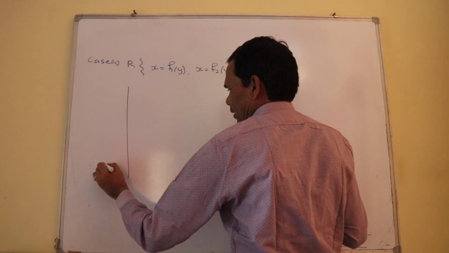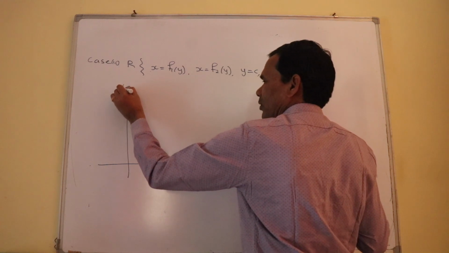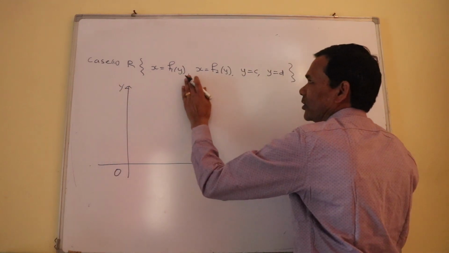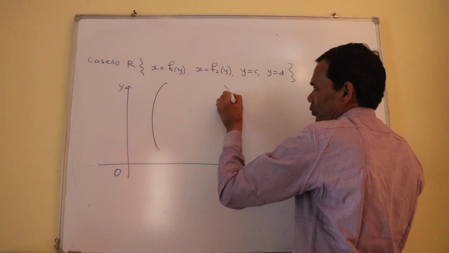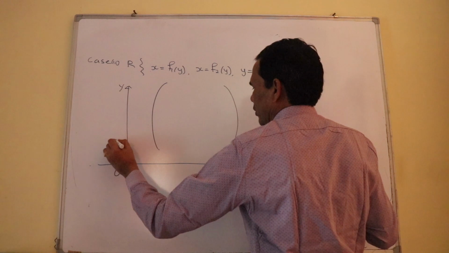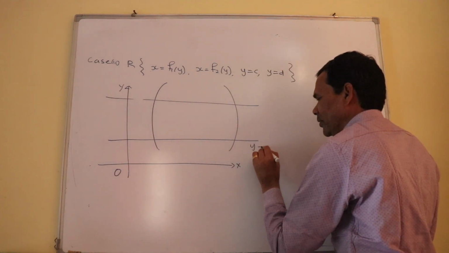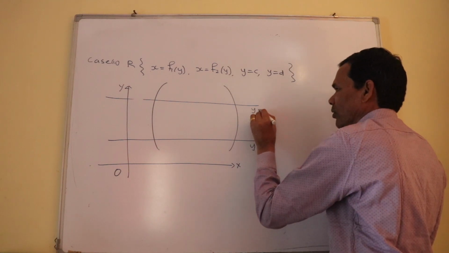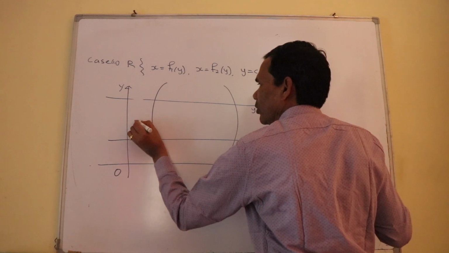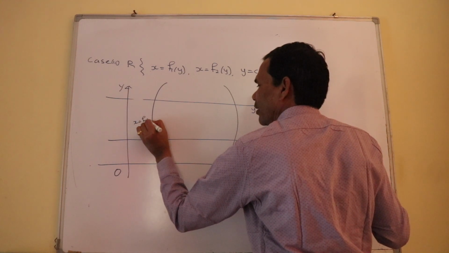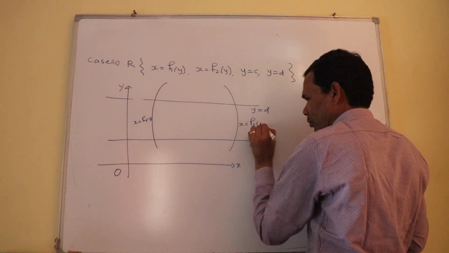It is something like this: x-axis, this is y-axis, this is origin, then x is equal to f1(y) is this curve, x is equal to f2(y) is this curve, this is y is equal to c, this is y is equal to d, and x is equal to f1(y), x is equal to f2(y) is another curve here.